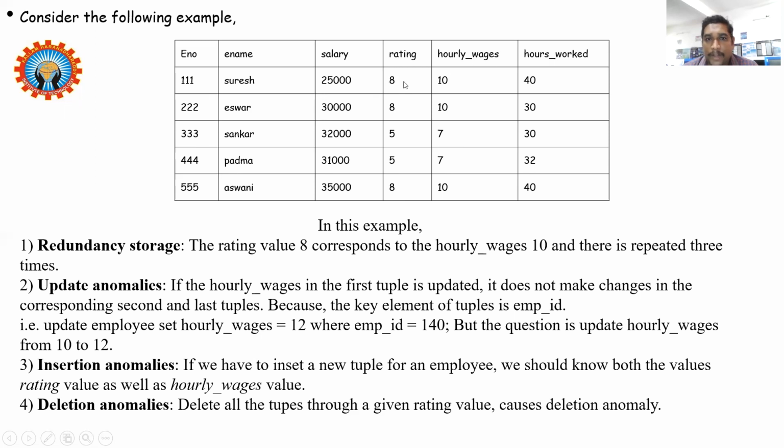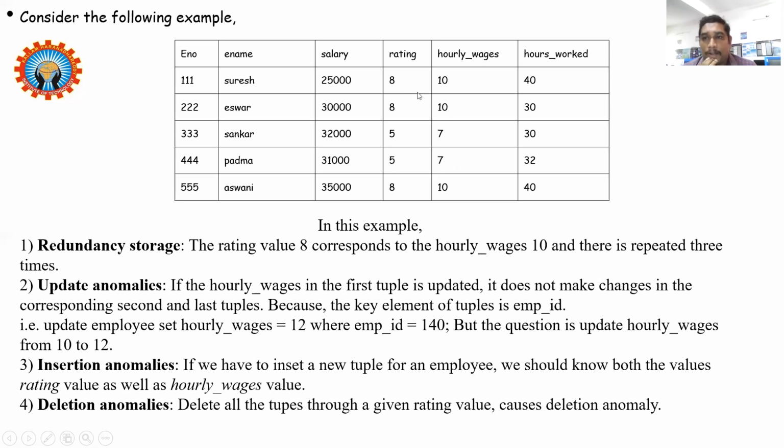I am changing from 8 to 10, so only that particular row is updated. If only a particular row is updated, there will be anomalies. The remaining 2 or 3 rows must also be updated because they are dependent.